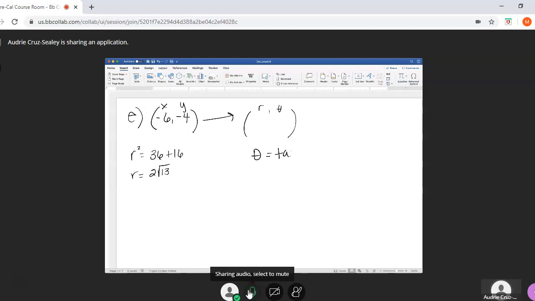So you did tangent inverse of 2/3? Okay, I'm cool with that. And so when you come over here and put your answer, you would have 2 square root of 13, comma what?